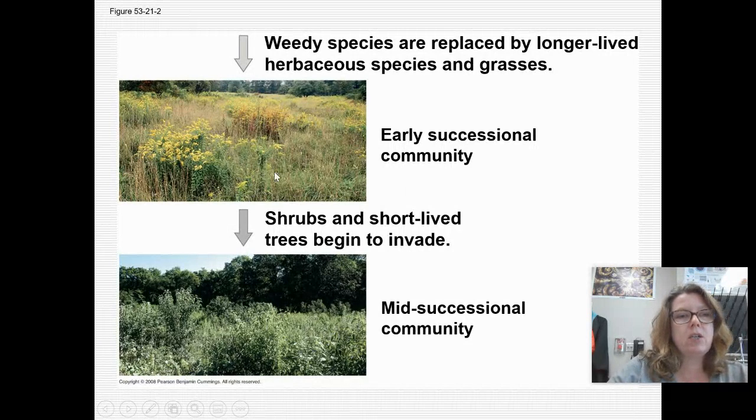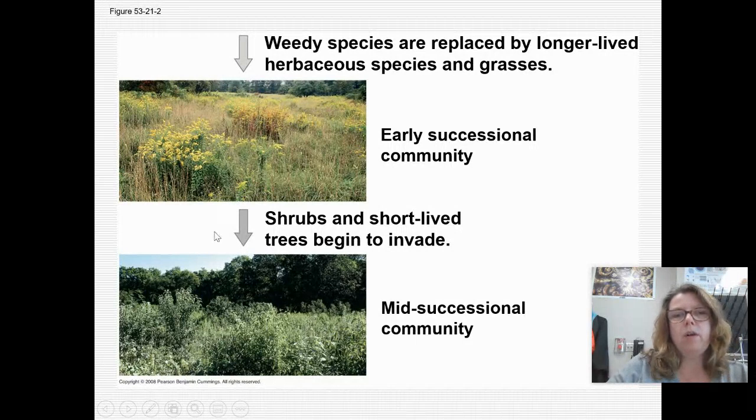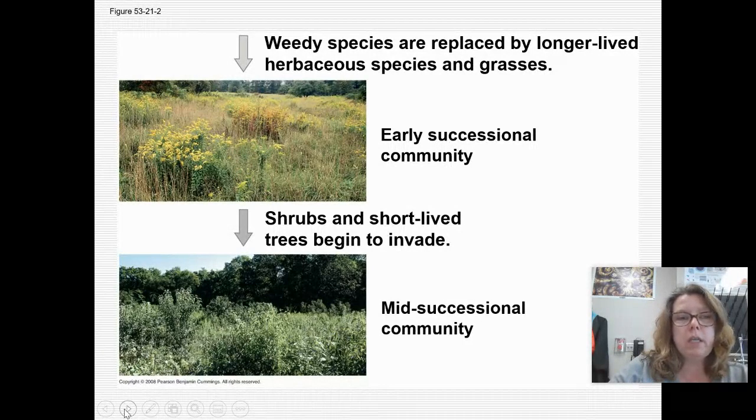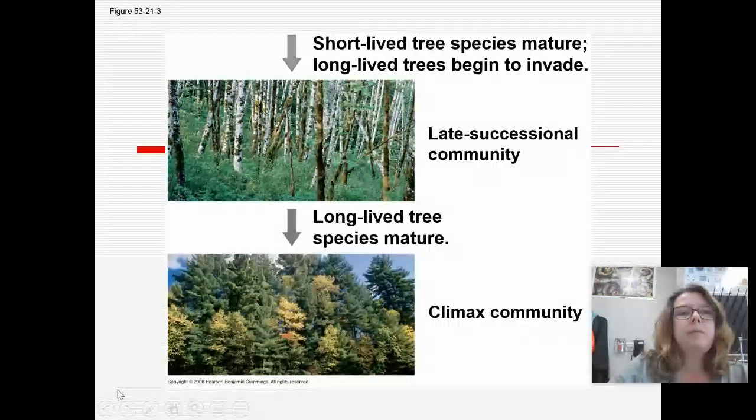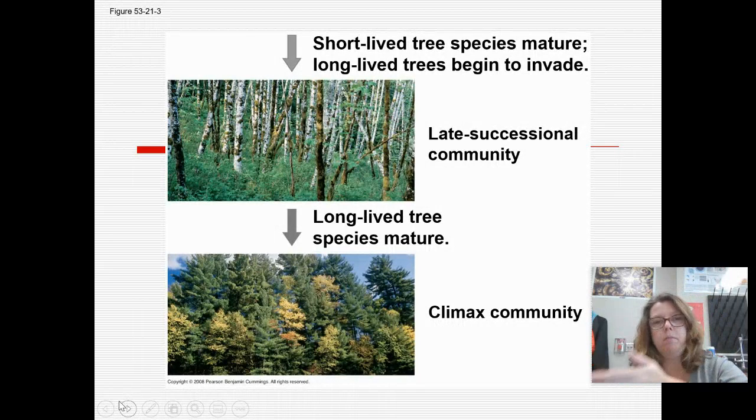This is an early successional community. As they die and improve the soil even more, they're replaced by a mid-successional community. Here it's the shrubs, and then you also get some small trees that come in and invade. After a while, you start to get the later successional communities, longer living trees, and then finally you get the long-lived mature trees as your climax community. All right, and typically it goes in that pattern.